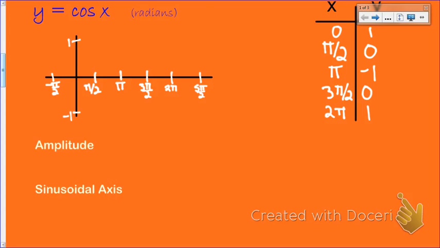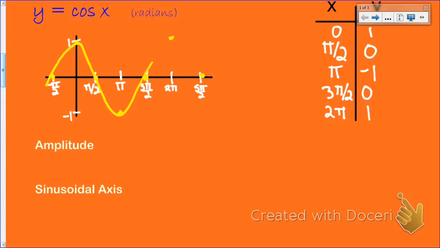Okay, so now I'm going to go ahead and graph these points. At 0 degrees, I'm at a value of 1. At pi over 2 radians, I am at a value of 0. At pi, I'm at -1. 3 pi over 2 is 0, and 2 pi is 1. And we know from our previous wave that this graph is going to continue in that same pattern, so I'm going to add 2 more dots on there, just so I can see a little bit more of my graph.